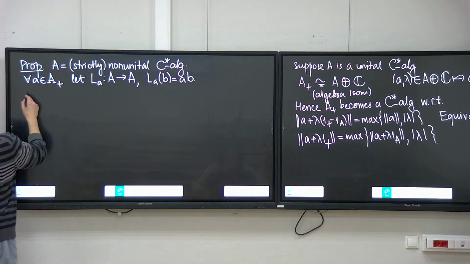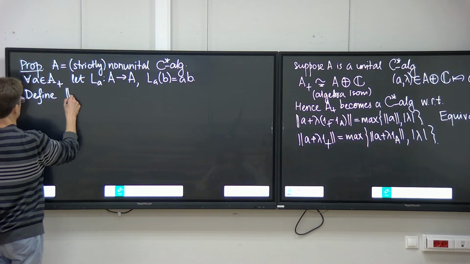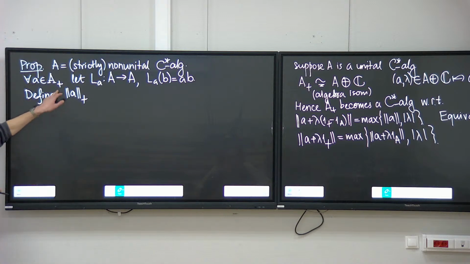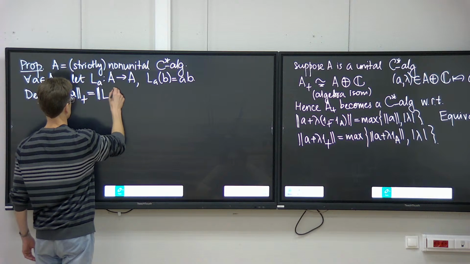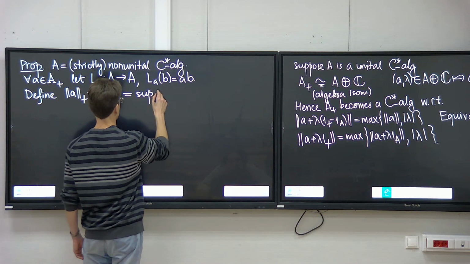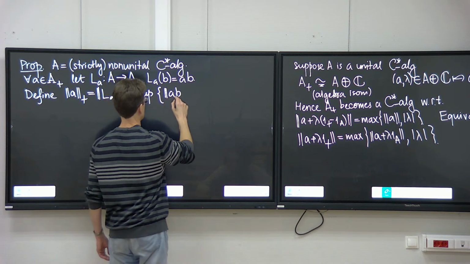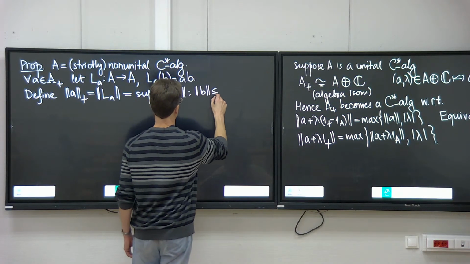And we define a norm of a, I'll use the following notation for this norm, to be the operator norm of L_a. That is explicitly, this is the supremum over the closed unit ball of the norms of all elements ab, where b runs over the closed unit ball of A.